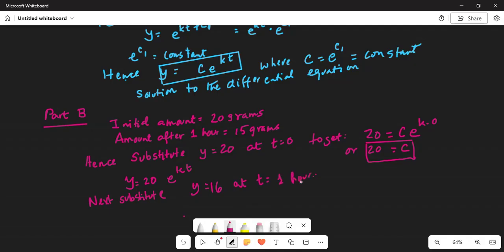So we get 16 is equal to 20 times e to the power of k times 1. And this equation can be solved.